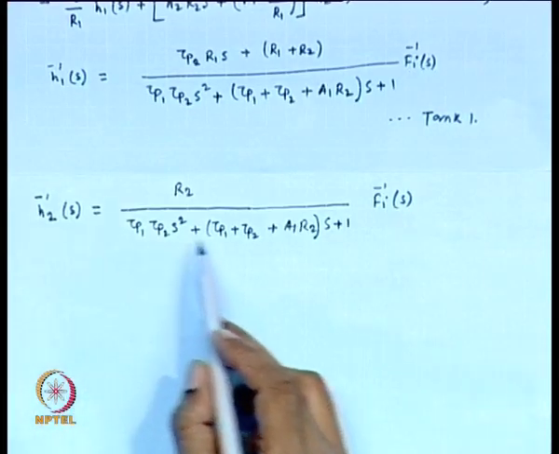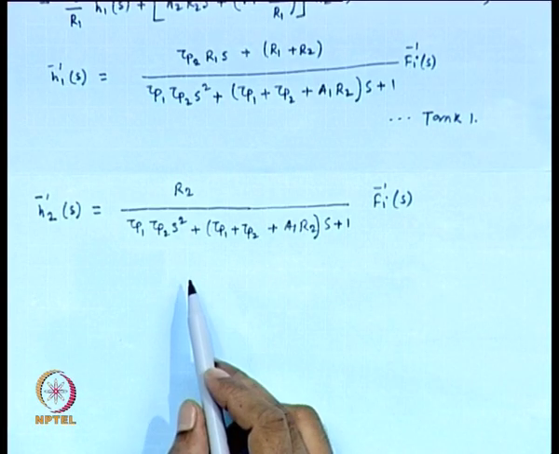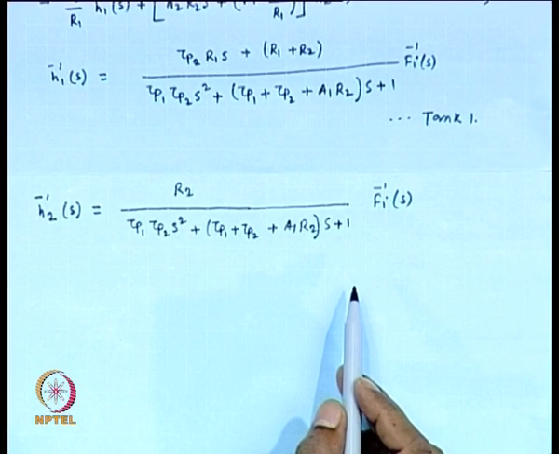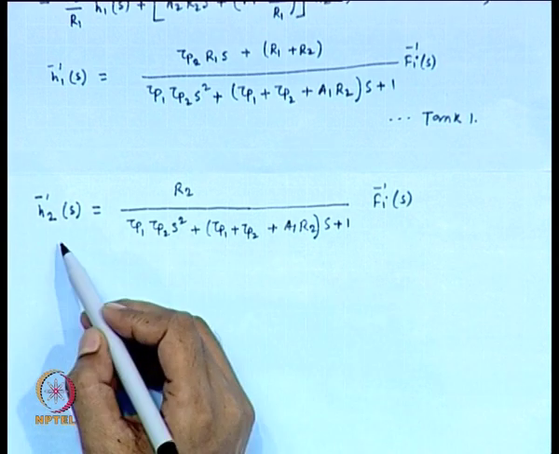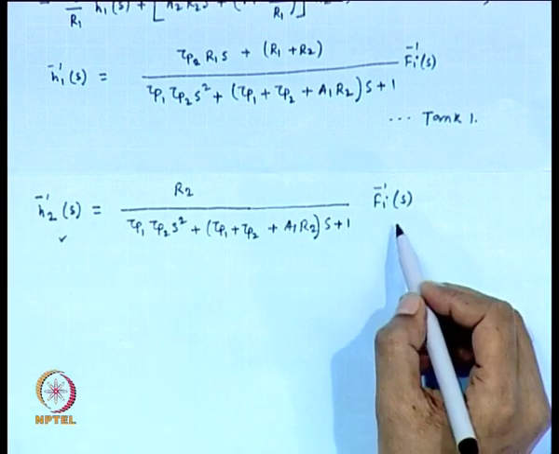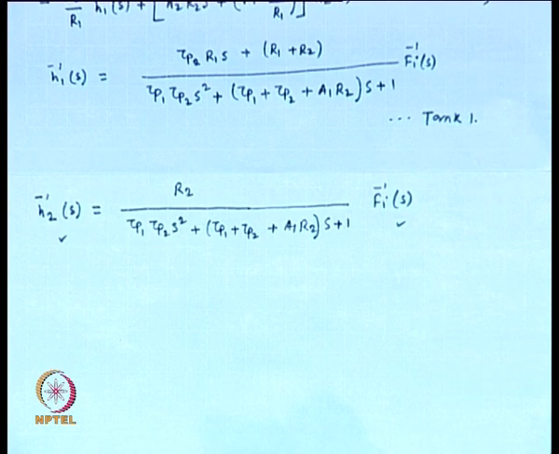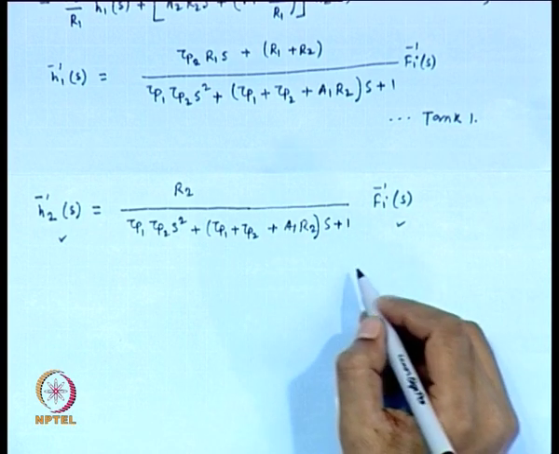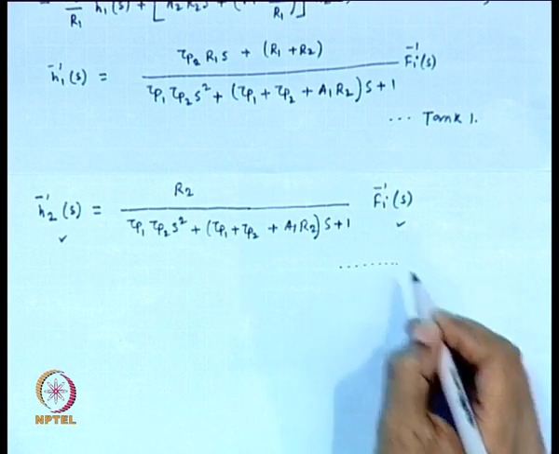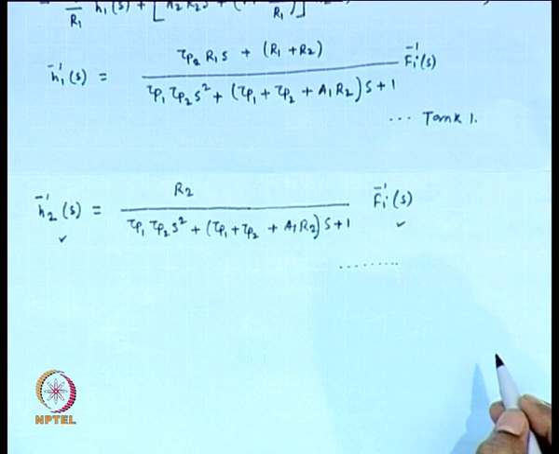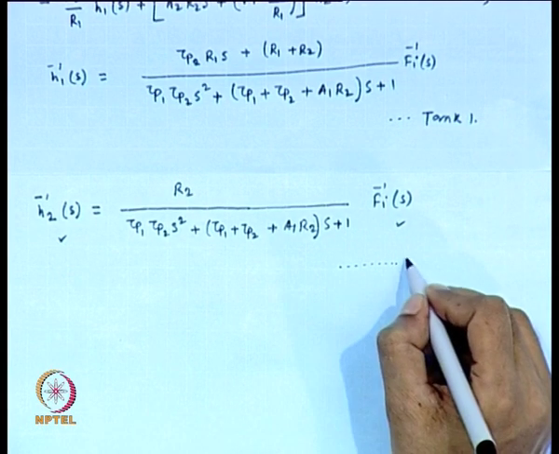This is the transfer function with respect to H2. Fine. So, can we say that this is the representation of overall transfer function? Because overall transfer function we can represent by H2 bar prime(s) divided by Fi bar prime(s). So, this overall transfer function we obtain for the case of interacting system.